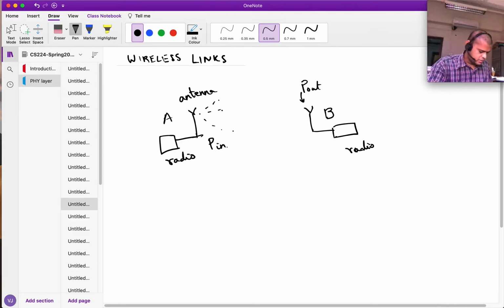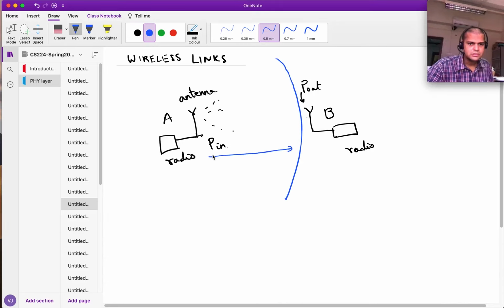You can think of this entire power getting spread over, let's say we think about a sphere, and let's say the distance is d. So you have a sphere over here, and the area is 4 pi d square, and let's say that the antenna area is A.